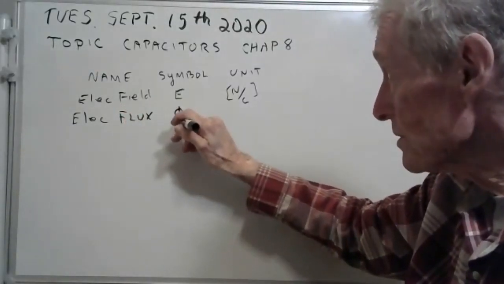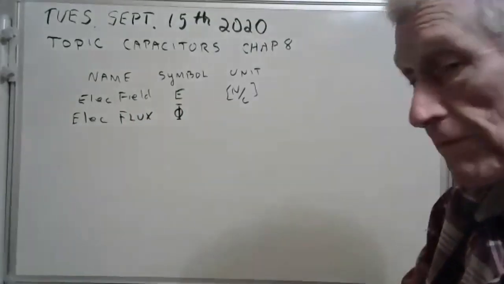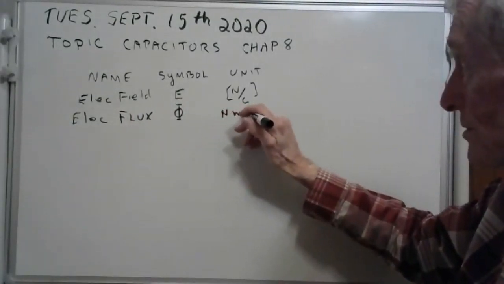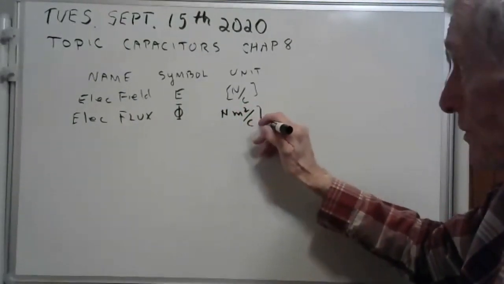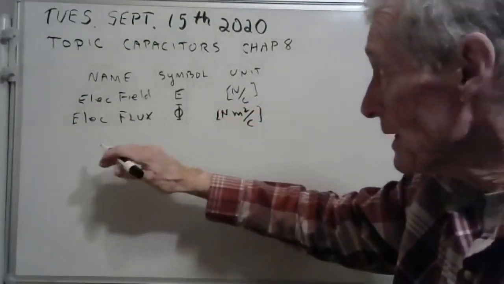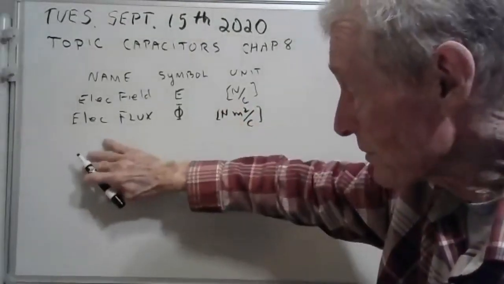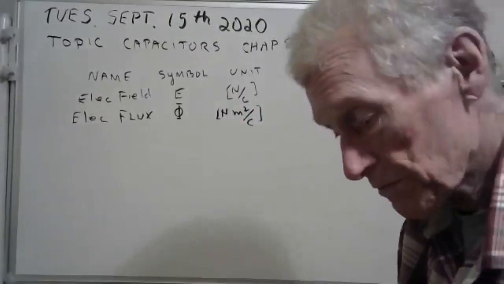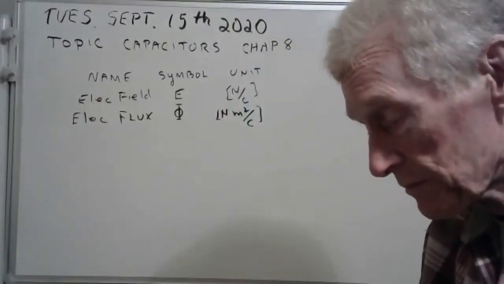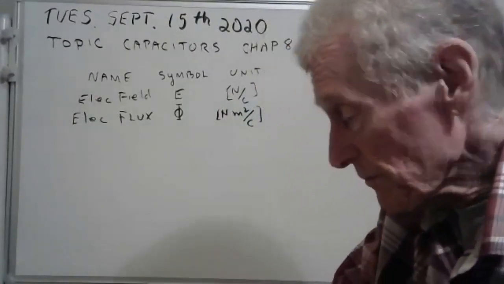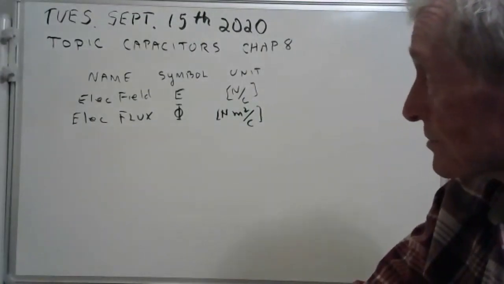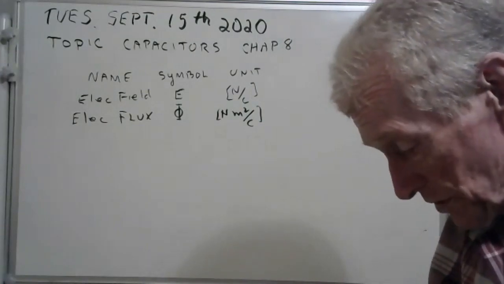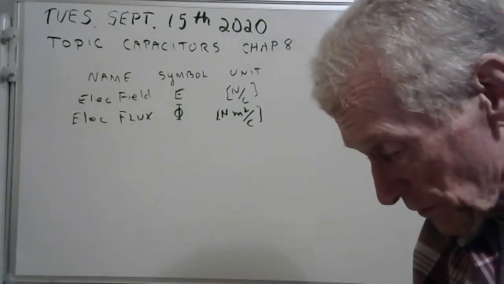Symbol is this Greek capital letter phi, and the units are Newton meters squared per coulomb. And we could keep on going. There's 1,000 of these things. Maybe not in this one course you're taking, but there's names, there's symbols, and there's units. I want you to know them for everything that we study.